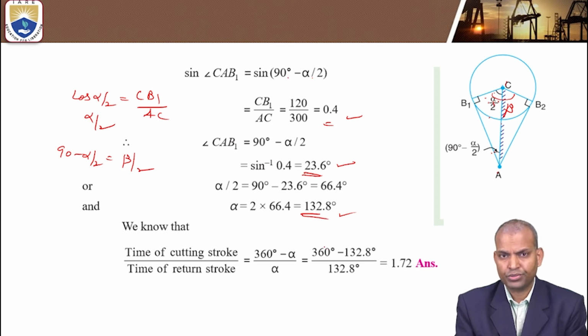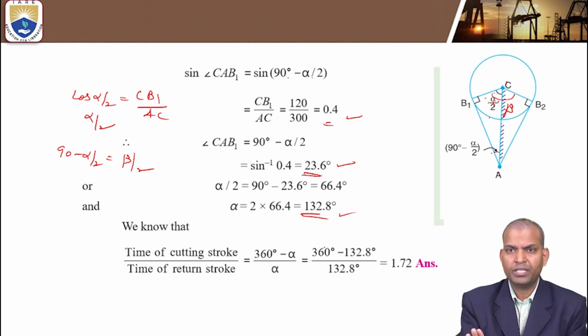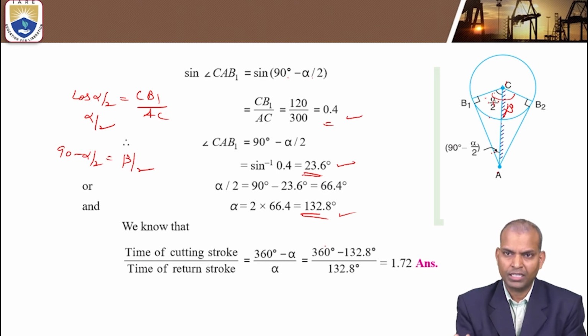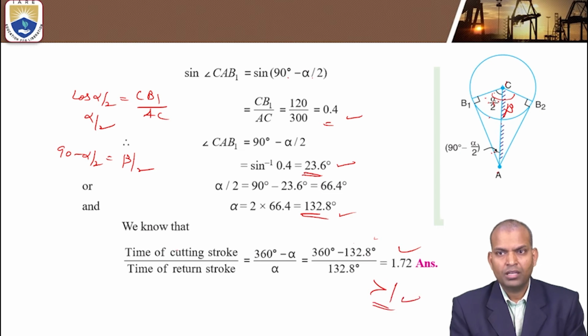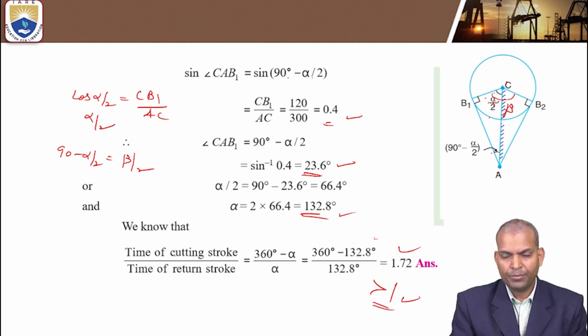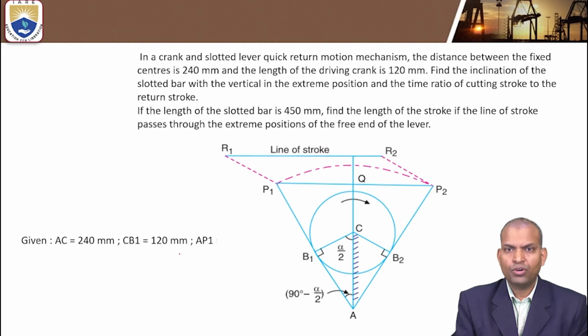In some books, they follow notations upside down, but if you follow the previous question exactly, you will get it. 360 minus 132.8 by 132.8 is 1.72. It is again greater than 1. So that is the time of cutting by time of return stroke. You can follow the same model for these questions.